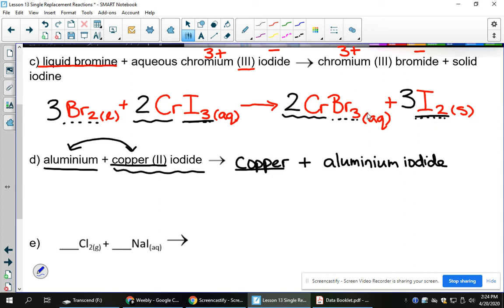Aluminum has a charge of 3+. Iodide has a charge of -1. And copper 2 has a charge of 2+. Now pause the video and try and write this chemical equation with all the states and crossing the charges properly.